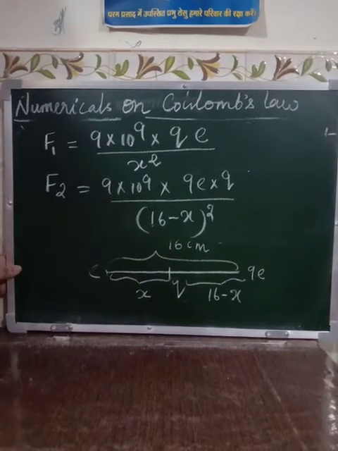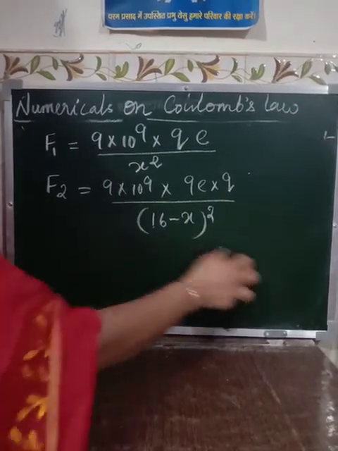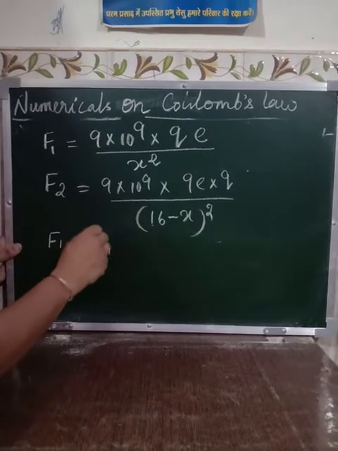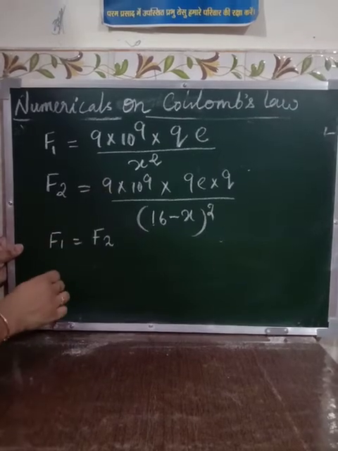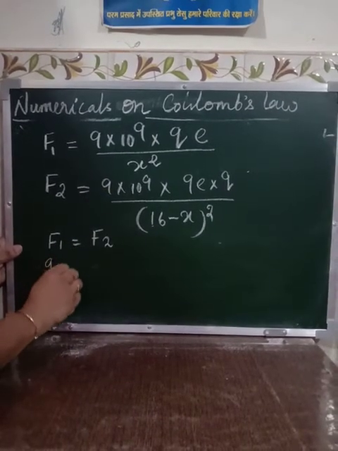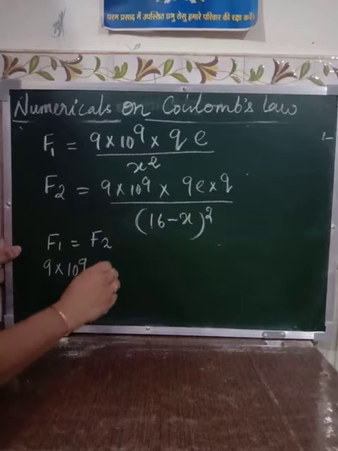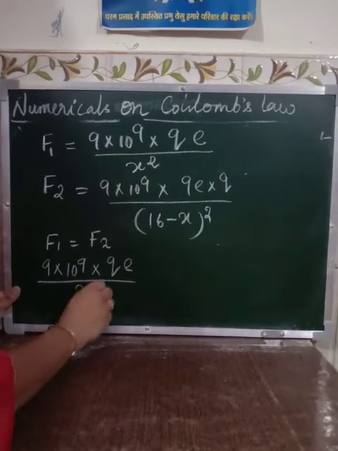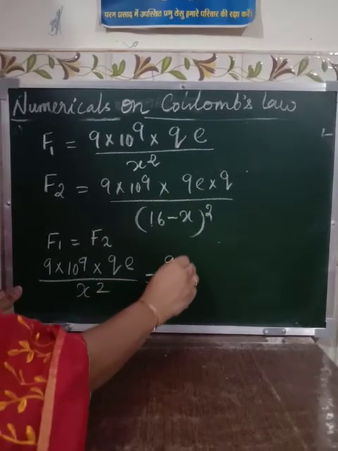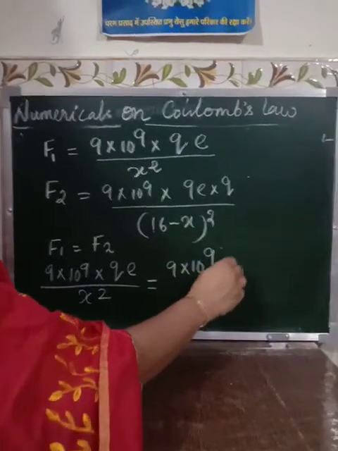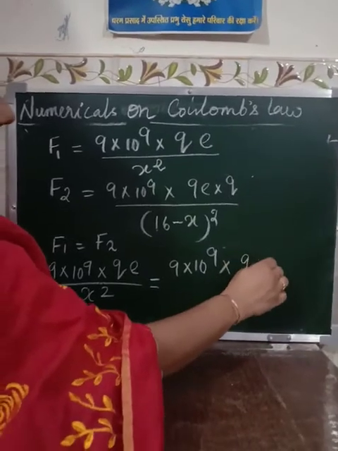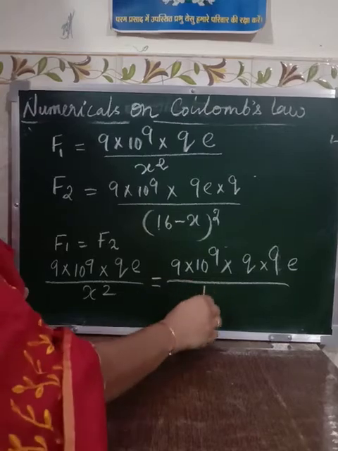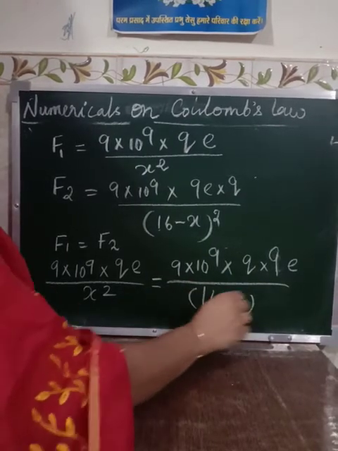We know that the net force on Q is equal to 0. That means F1 will be equal to F2. So we can write 9 into 10 raised to 9 QE divided by X square is equal to 9 into 10 raised to 9 Q into 9E divided by 16 minus X the whole square.